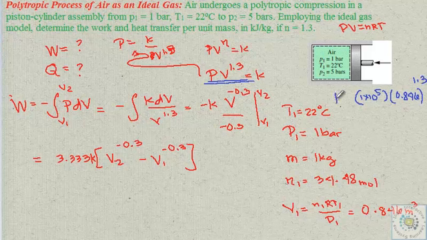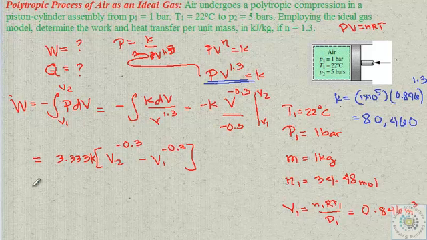So K is equal to 0.846 raised to the 1.3 times 1 exponent 5, and that gives me a value of K of 80,460. And how do I calculate V2?